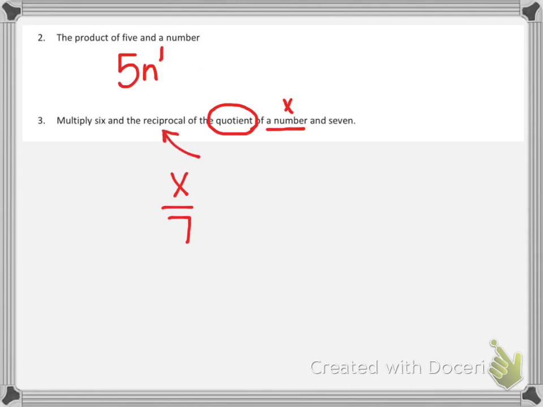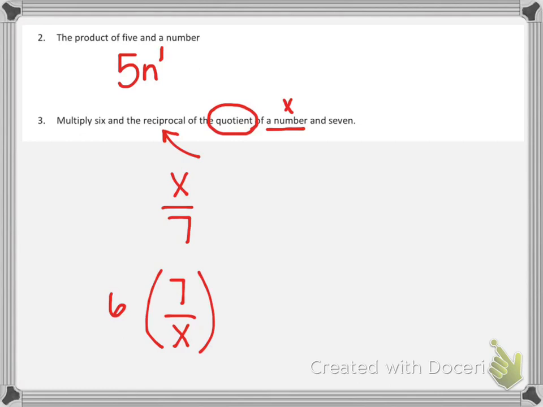So the reciprocal would be 7 over x, and we're going to multiply that by 6. So this is 6 times 7 over x. And that is a nonlinear expression.